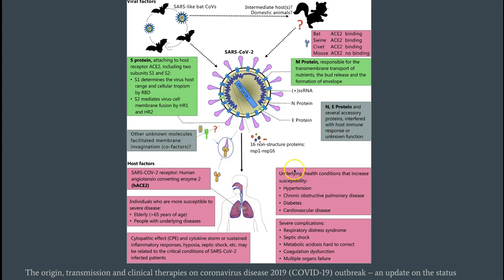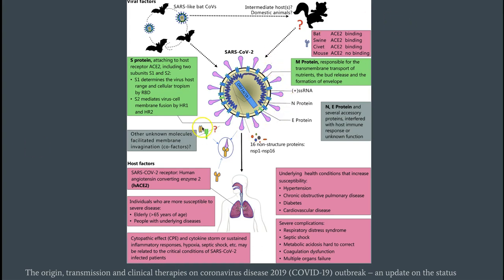A lot of the mechanism of action is very similar with the current COVID-19 and the previous SARS and MERS, in terms of creating coagulation dysfunction, septic shock, respiratory distress, along with this cytokine storm and hypoxia due to the inflammatory responses.